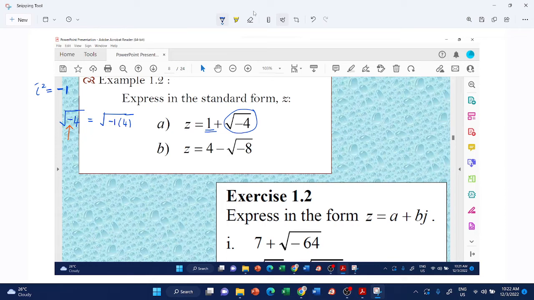So negatif 1 ni kita ambil here. Sama dengan I squared. So kita tukar I squared. Tapi kita tulislah dulu 4 dengan I squared. 4 kat depan lah. Selalu jarang lah 4 ni kat belakang. Okay. So dah ada baru kita pecahkan. Square root 4 square root I squared. Square root 4 ni kita ada 2 nilai lah. Plus minus 2. Square root I squared dapat I.